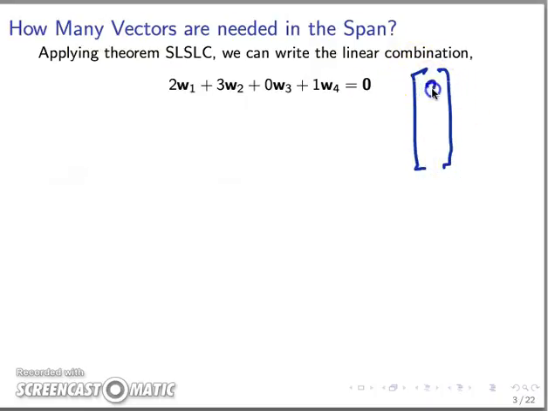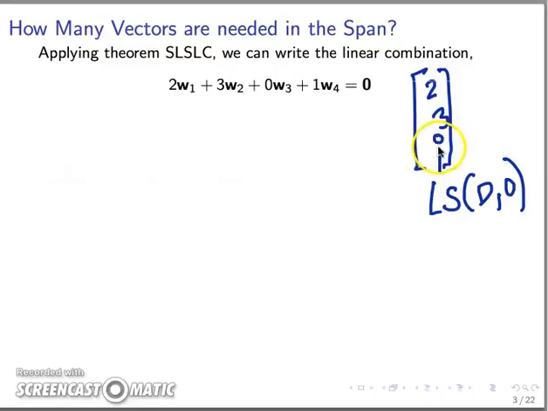In this linear combination, we have 2, 3, 0, and 1. Since this is a member of the solution set of a linear system with coefficient matrix D, which is a homogeneous system, that's why we write on the right side of this vector equation the 0 vector.